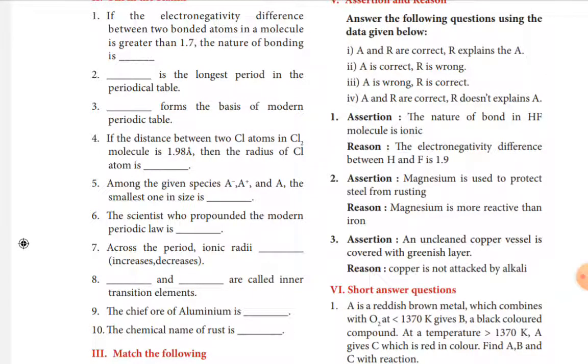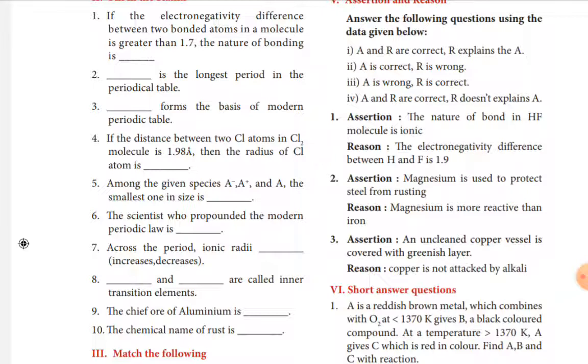Fourth one, the distance between two chlorine atoms in a chlorine molecule is 1.98 angstrom. Then the radius of chlorine atom is, and it is given, see, 1.98 divided by 2. This is the formula. That is 1.98 divided by 2, that is equal to 0.99 angstrom.